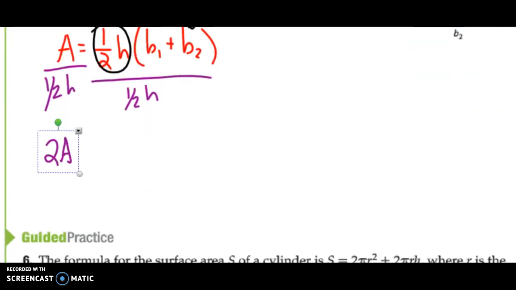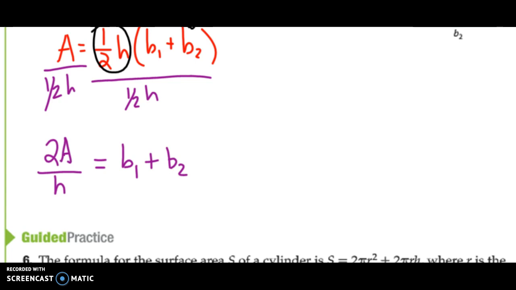I have 2A over h, and that's going to be left with b1 plus b2. Now you'll notice I'm not writing it in parentheses. I don't need to any longer because I've gotten rid of what I'm multiplying 1/2 h by. So the parentheses I can just drop off.